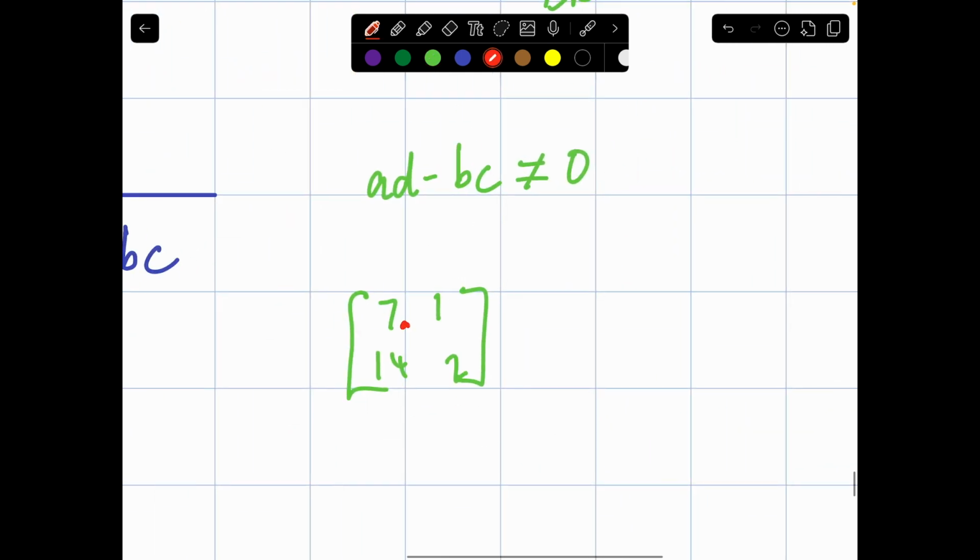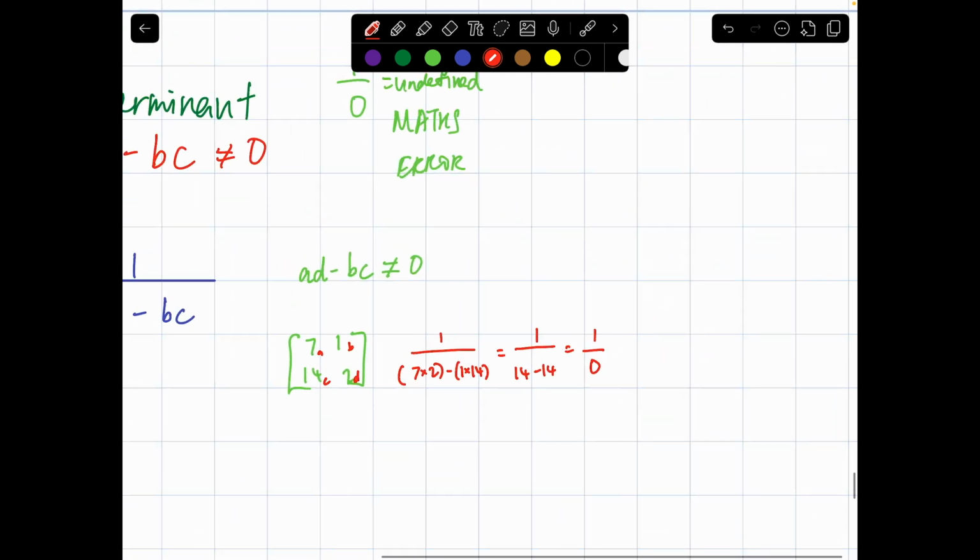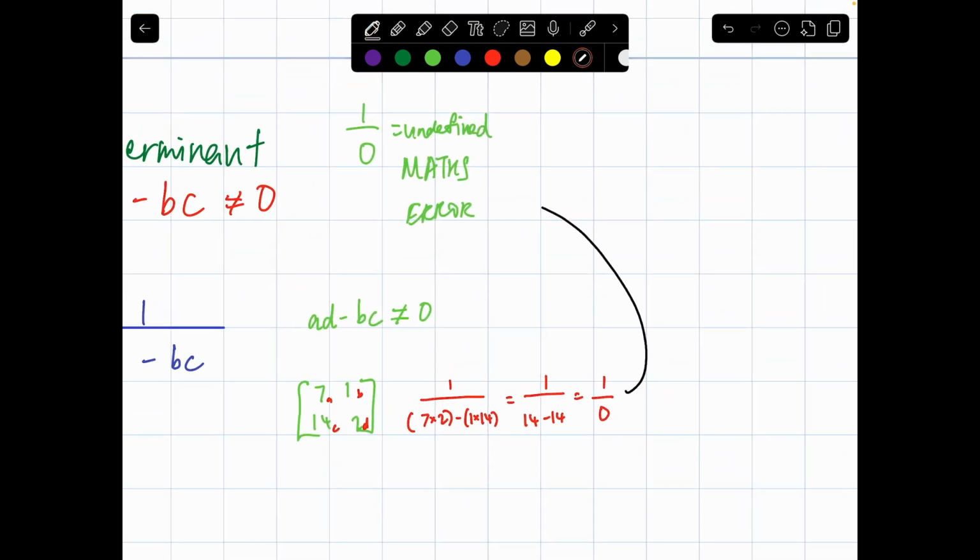Since this is A, B, C, and D, we know that the determinant for this particular matrix will be 1 over 7 times 2 minus 1 times 14, which will give us 1 over 14 minus 14, giving us 1 over 0. 1 over 0, as the principle says, is undefined.